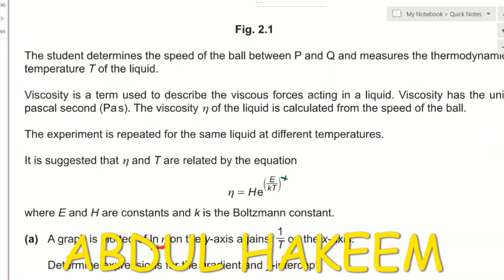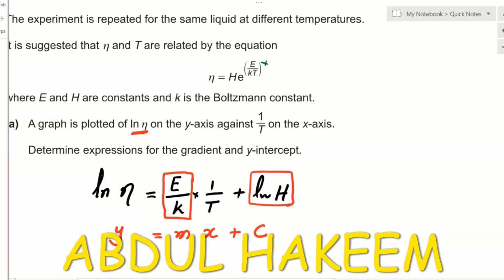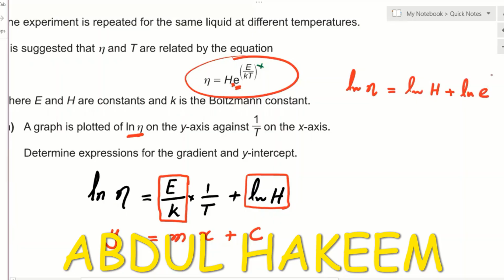I have already solved this for you. Look at this. First we convert this equation into linear form. If the equation contains exponential e, then we have to take the ln. So ln eta is equal to ln H plus ln e^(E over kT).